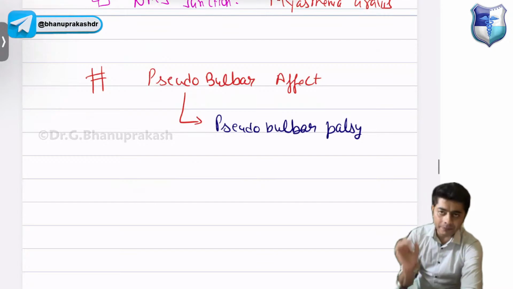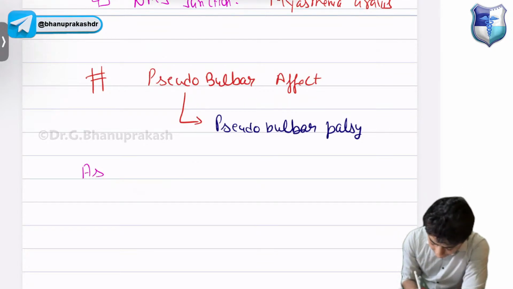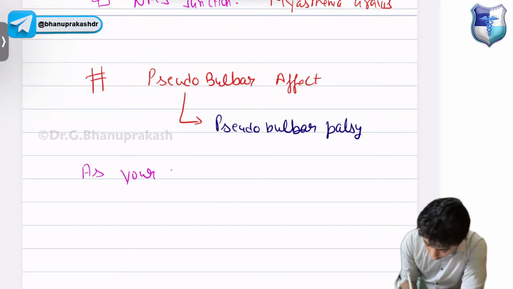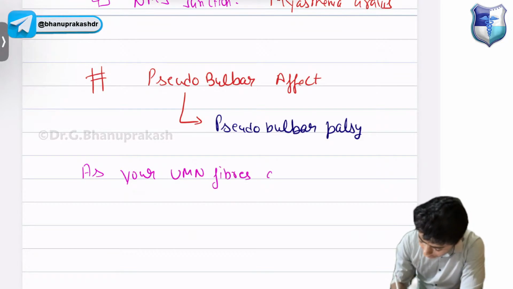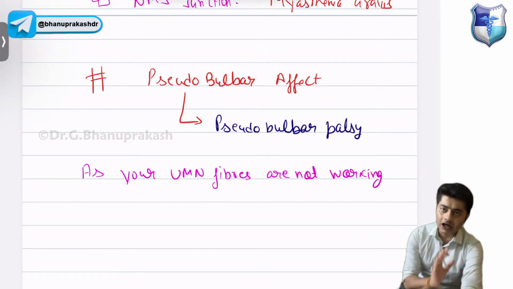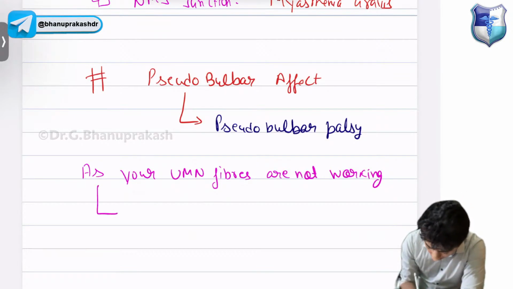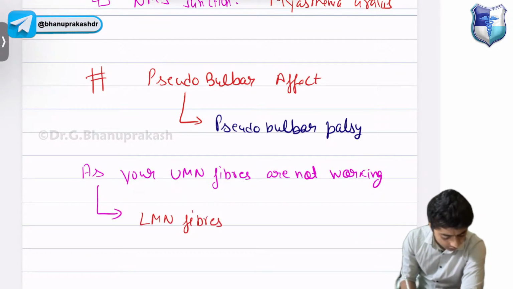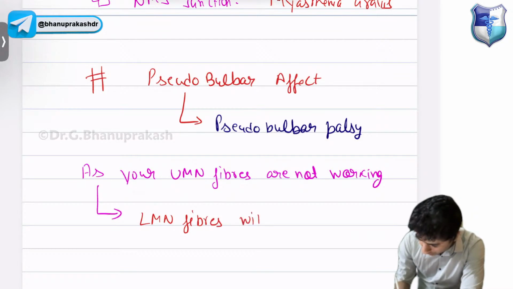See, it is seen in pseudobulbar palsy as your UMN fibers are not working. So, what will happen? Your LMN fibers will fire.